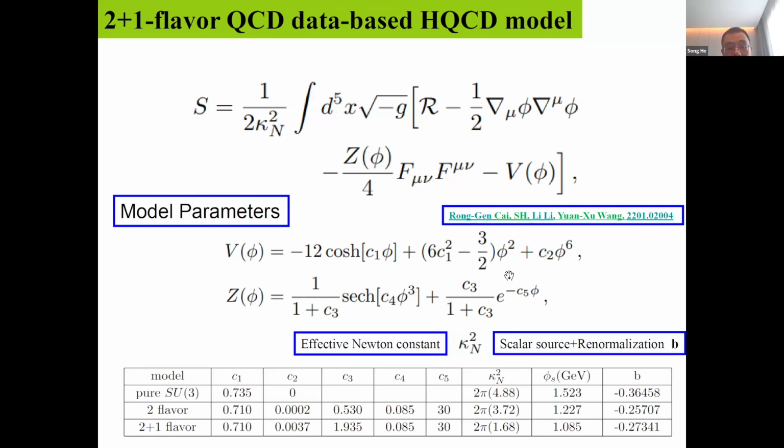Then we use AI or the previous machine learning approach to extract this analytic solution, a minimal solution which contains almost eight parameters to exactly determine this model.